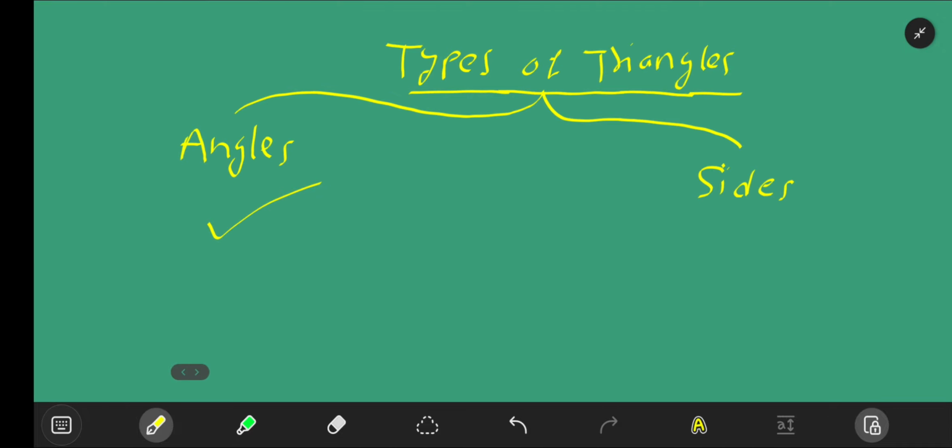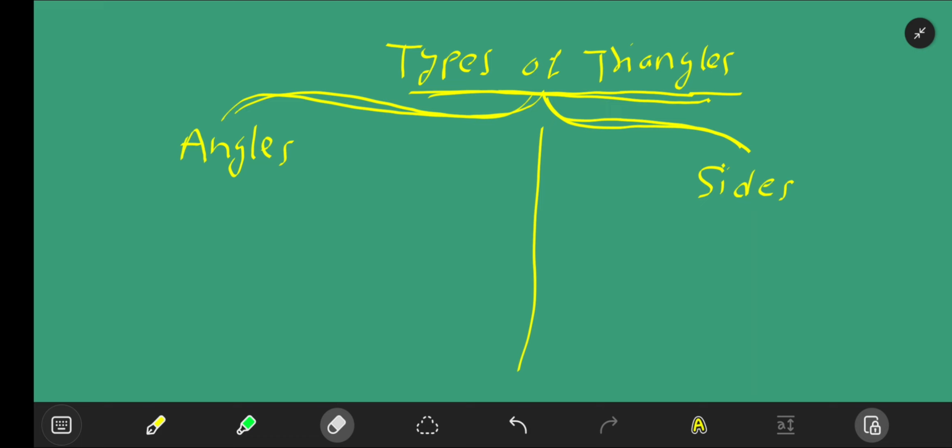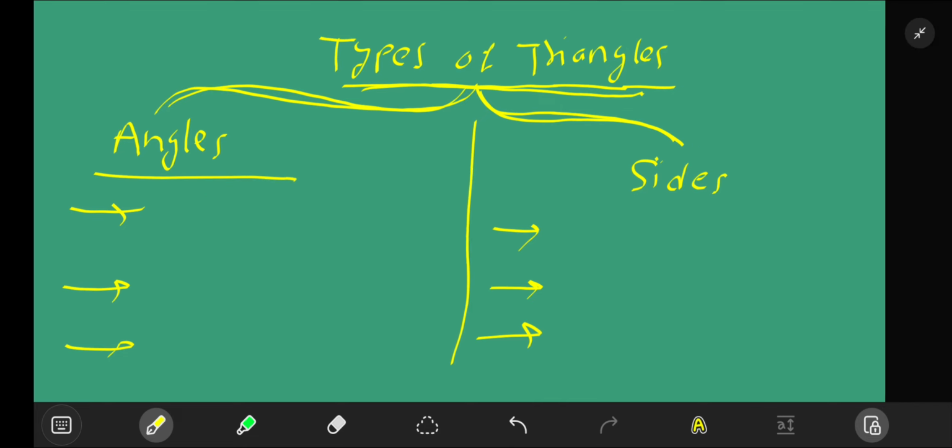Based on angles. If the space is enough for you in the notebook, write like this only. Write the heading types of triangles and draw a chart like this, and here you have to write the statements or the conditions I give.